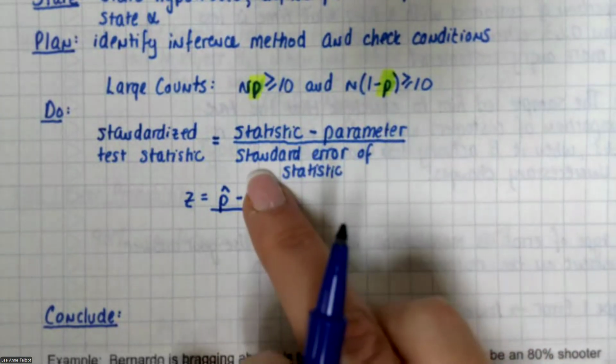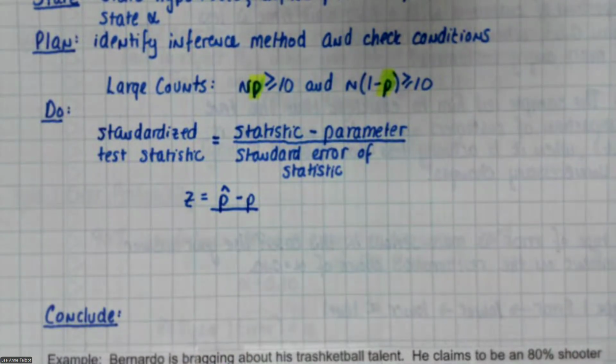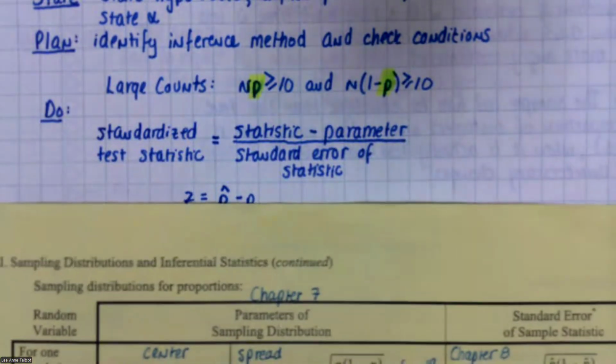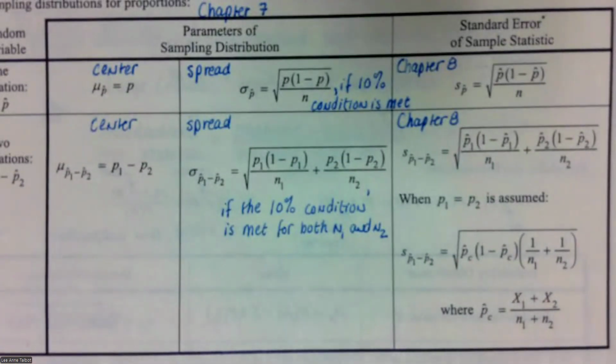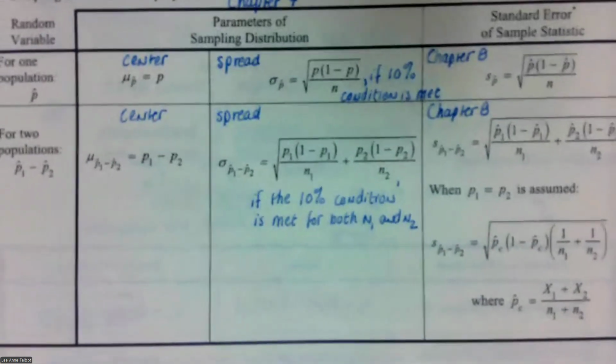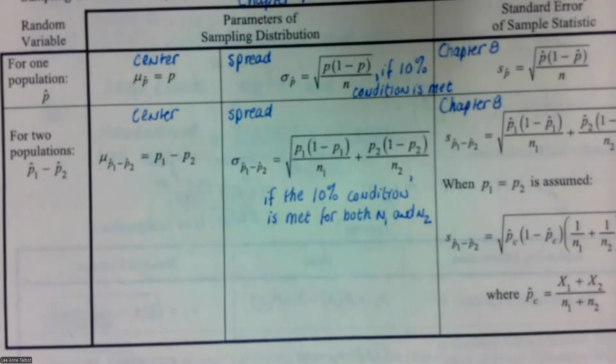Okay, now standard error of statistics. Flip your yellow sheet over. What do you think it is? Can you narrow it down to two? Can you tell that you're in the one population line?